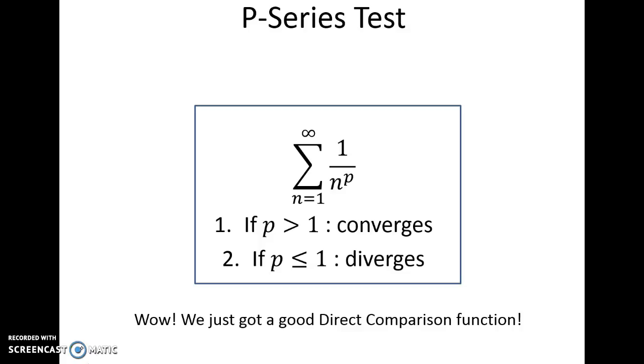And then the other thing about the p-series test is that it gives us a whole slew of really good direct comparison tests. I shouldn't have said function here, I should have said series. So we now have a bunch of series that we know about convergence and divergence for, and we can use those for direct comparison.